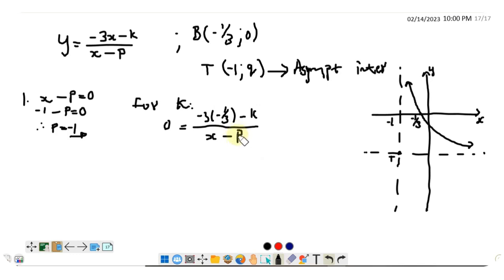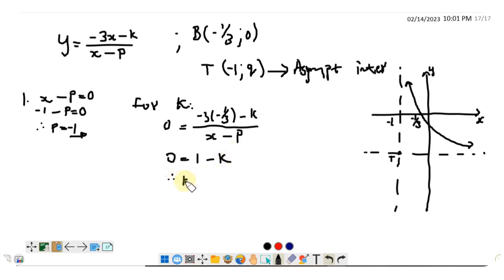It doesn't matter whether I substitute p here or not, because when we cross multiply, everything here is multiplied by 0. So you remain with 0 equals to this multiplied by that, which gives positive 1 minus k.